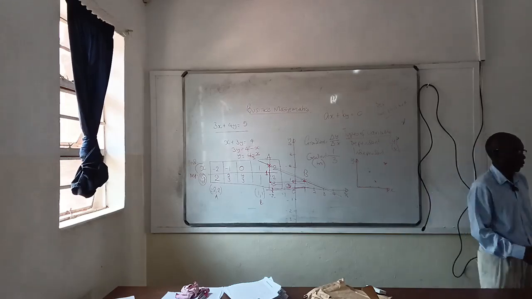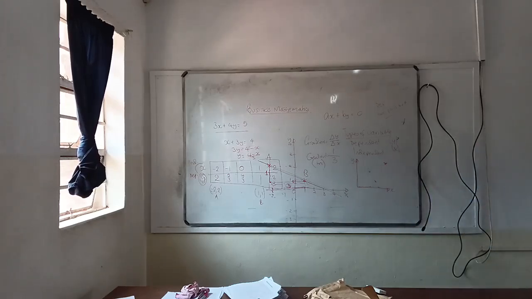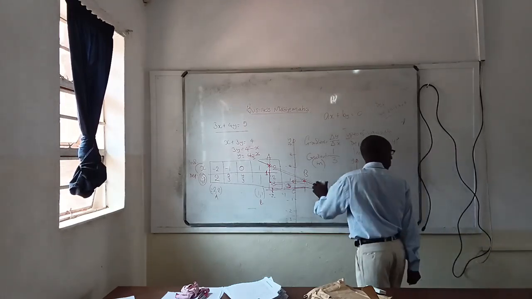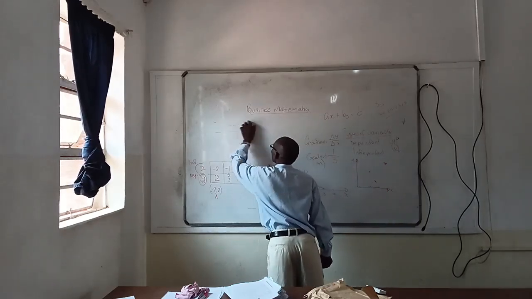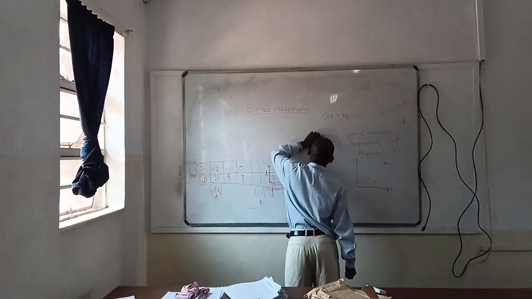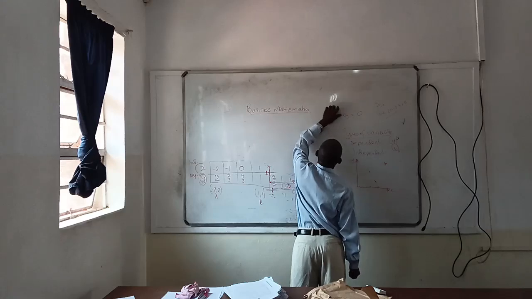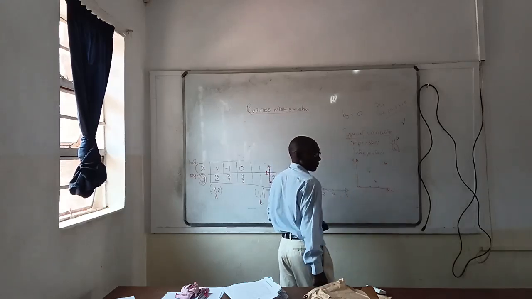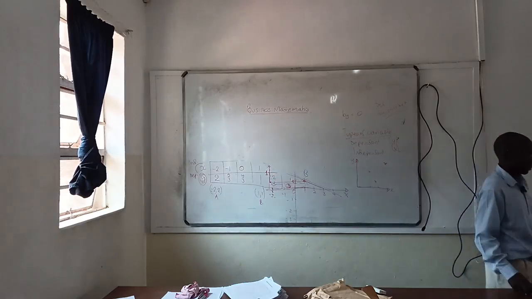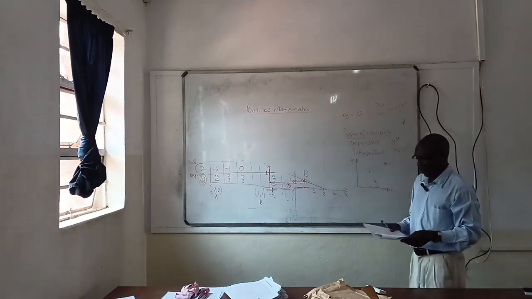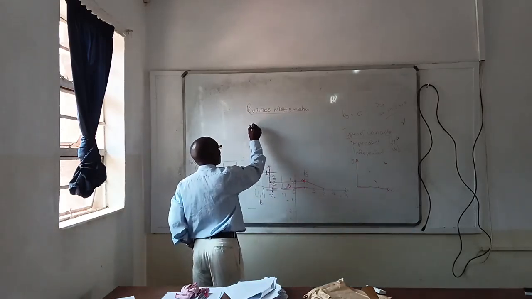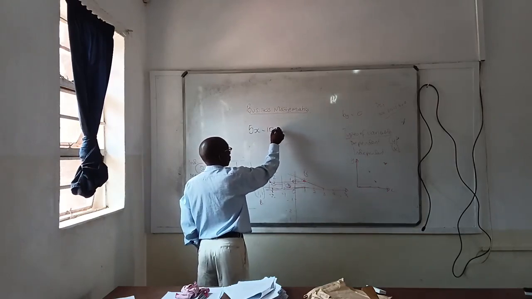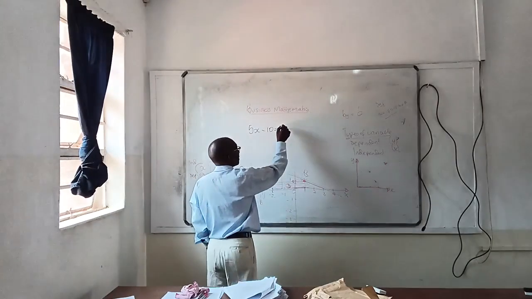I think we are just cruising because we know this example. 5x minus 10 is equal to 3x plus 6.